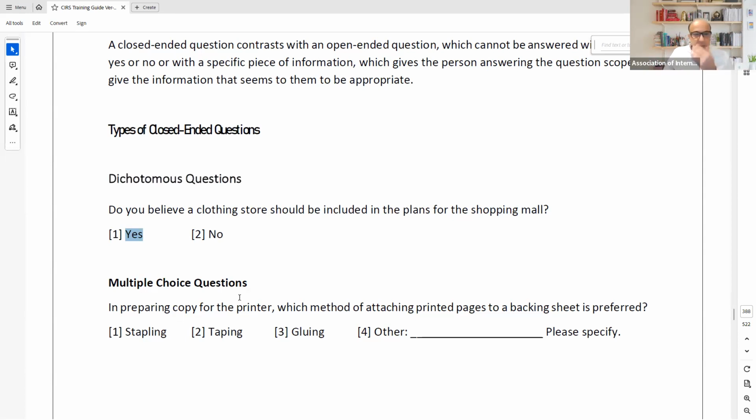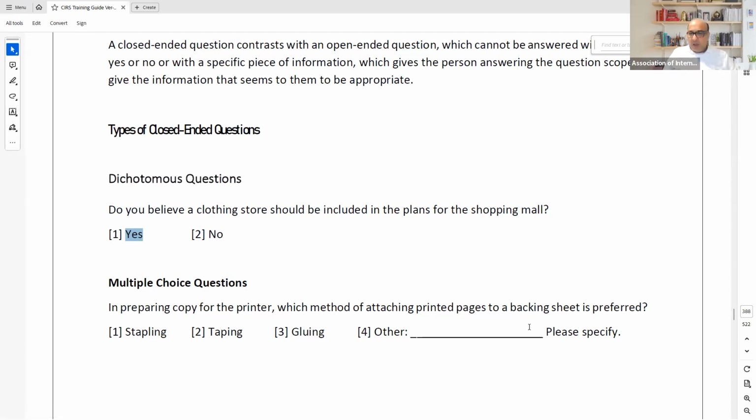Take these examples seriously, because you probably get only a few examples mentioned here to get an idea of what type of format you're going to adopt for the nature of the question. In preparing copy for the printer, which method of attaching printed pages to a backing sheet is preferred? Stapling, taping, gluing, others.